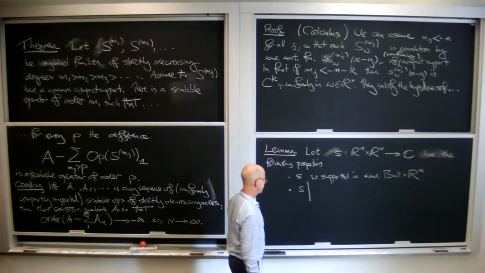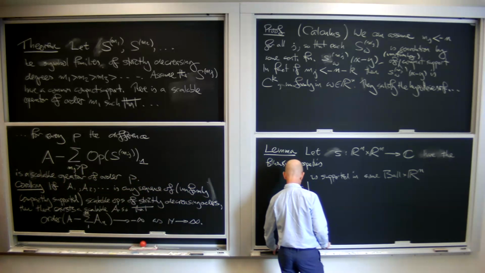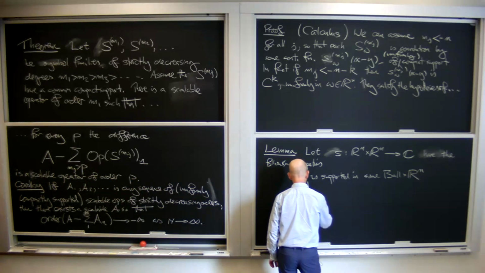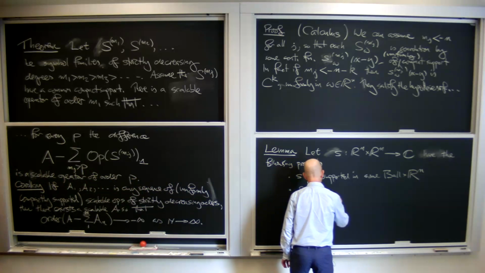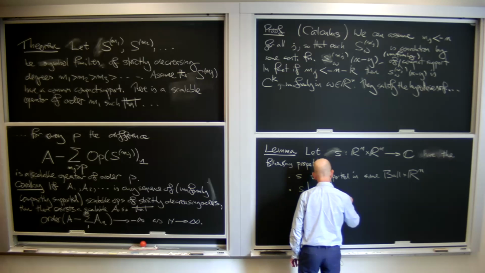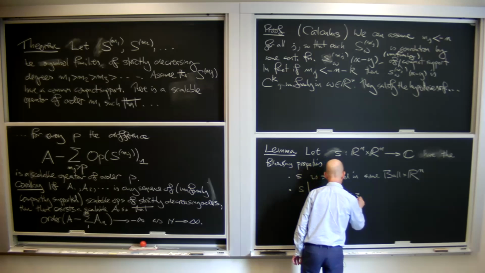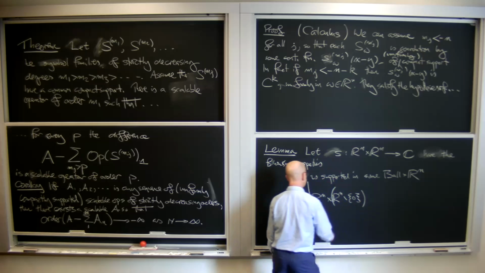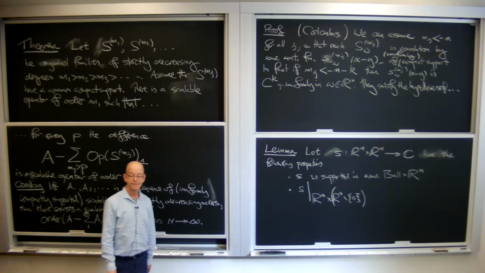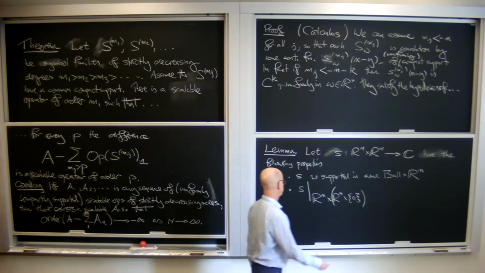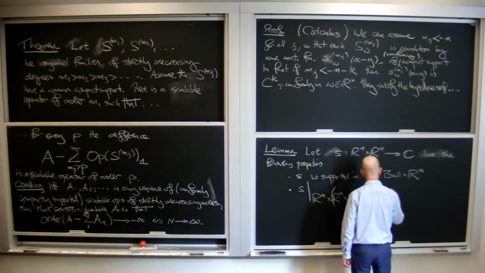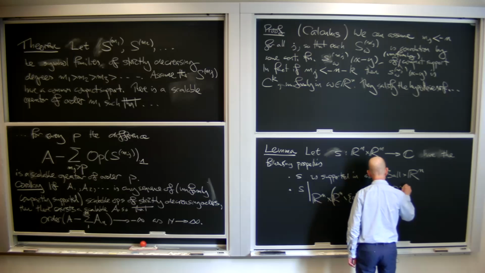If I restrict this function away from the diagonal in the second variable, away from 0, that is, in the second variable, then what I get is a smooth function, C infinity.